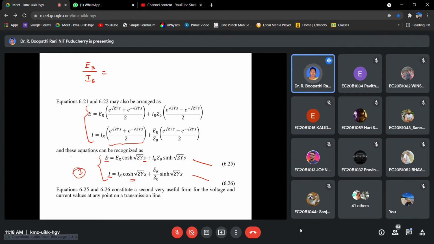If we consider the sending end point, then the S value must be L. So ES can be written as ER cosh root ZY L plus IR Z naught sinh root ZY L, divided by IR cosh root ZY L plus ER divided by Z naught sinh root ZY L.